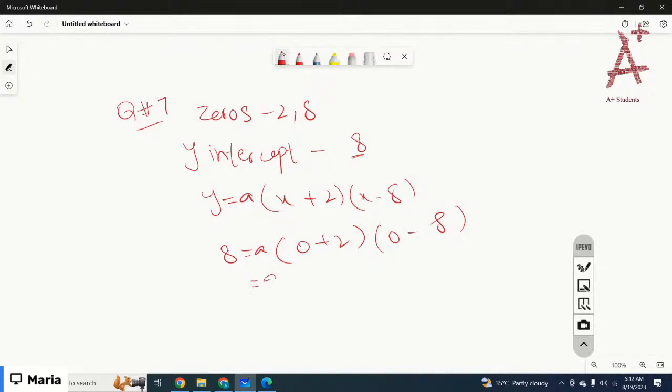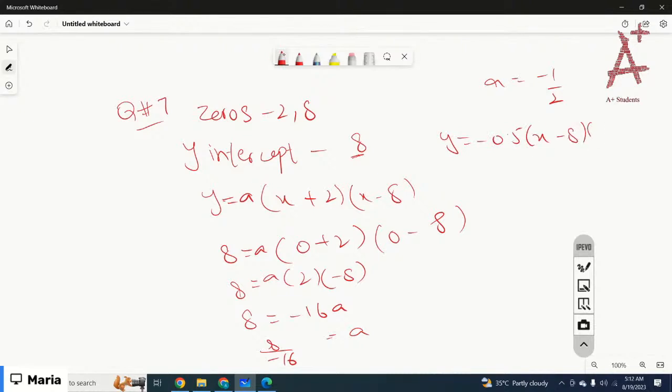That would be 8 equals negative 16a. So a equals 8 divided by negative 16, that would be a equals negative 1 over 2. So the equation is y equals negative 0.5 times x minus 8 and x plus 2, right?